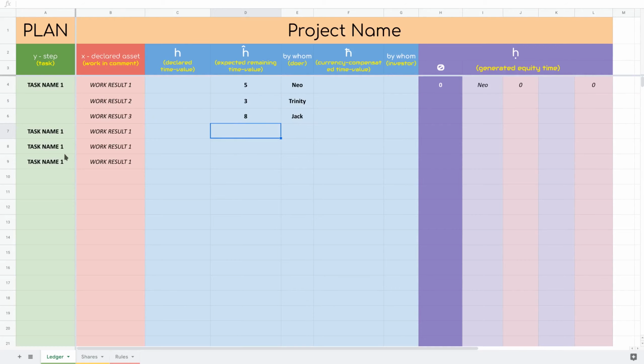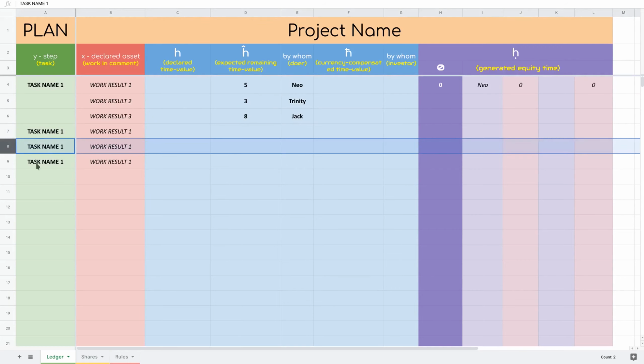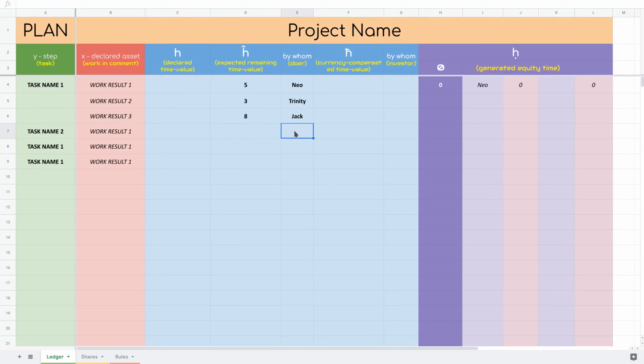Now another task, task 2, and it may have just one person. Let's say he says it would take him a 10-hour equivalent of time value.